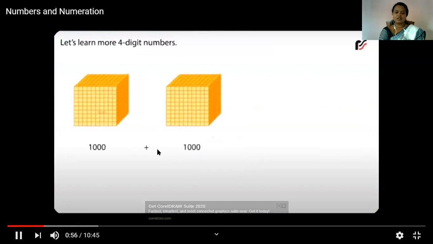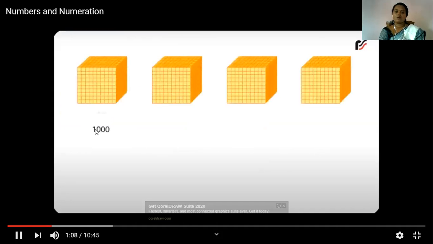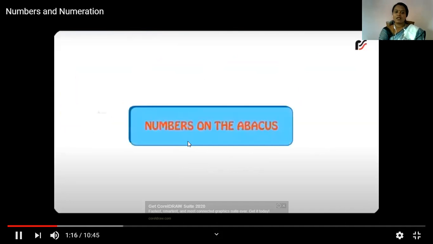That is 1000 plus 1000 is equals to 2000. 1000 plus 1000 plus 1000 is equals to 3000. 1000 plus 1000 plus 1000 plus 1000 equal to 4000. Let us frame the numbers on the abacus.